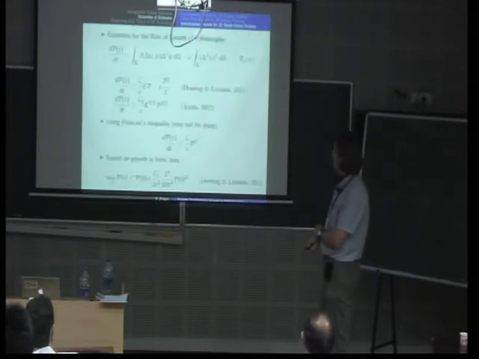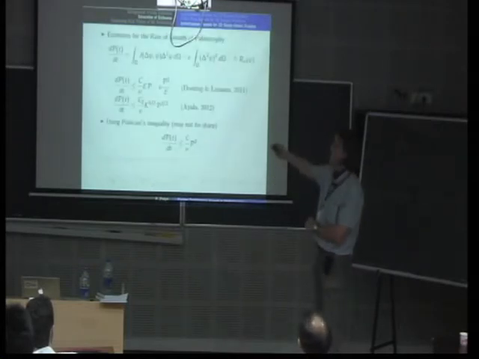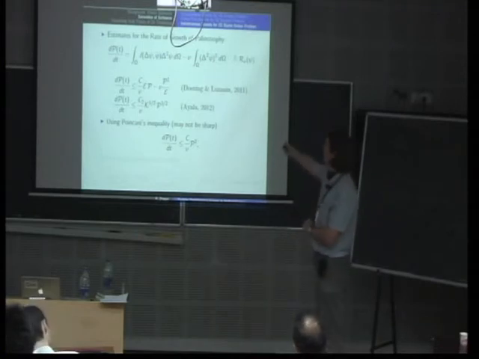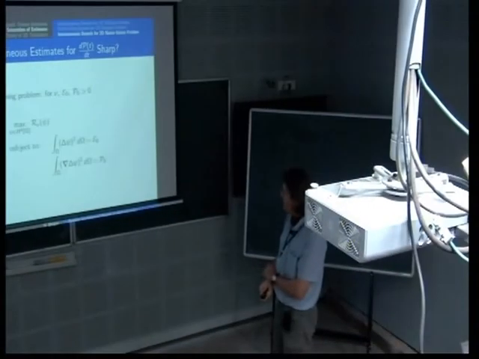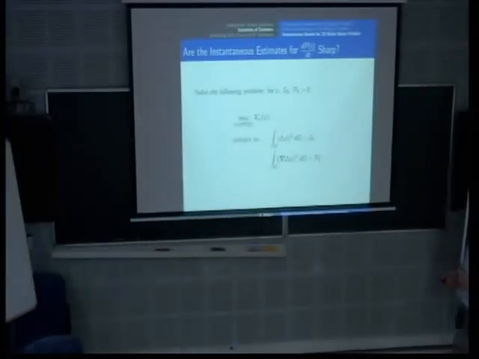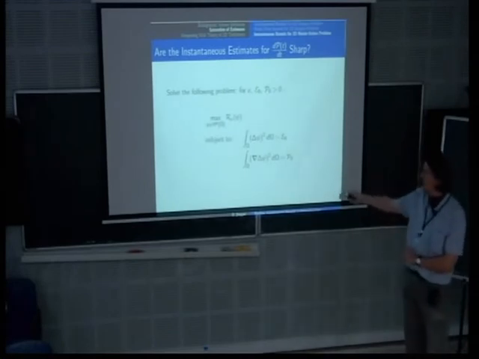We need H4 because of this term. Okay, to be able for the rate of growth of polynstrophy to be well defined, psi must be in H4. Okay, subject to two constraints on enstrophy and polynstrophy.